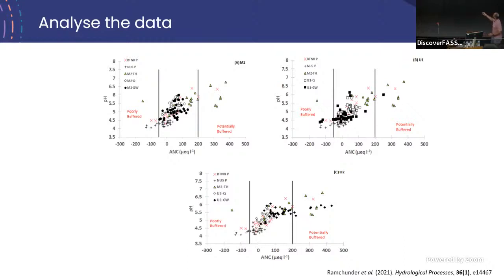There is some neutralization taking place, but not a lot. With the groundwater, there's some neutralization too, but perhaps it's not as strong. So poor buffering. You can see that across the different streams, and in some instances there are small differences.